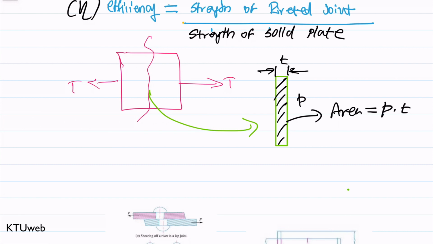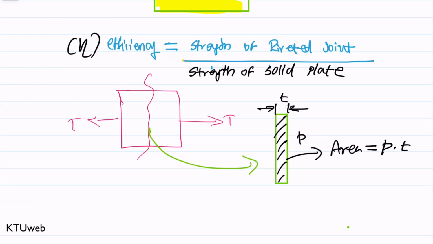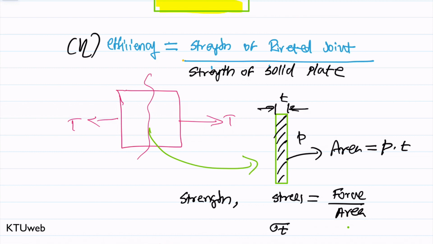So when you want to calculate the strength of a solid plate, or how much force it can withstand, that is basically the strength. So we know that stress is equal to force by area, and the stress means how much stress it generates. We denote it as sigma t is equal to force by area.